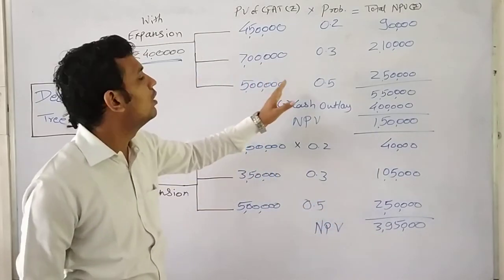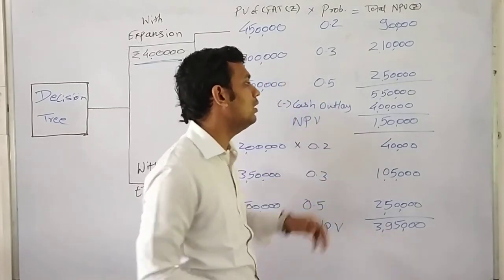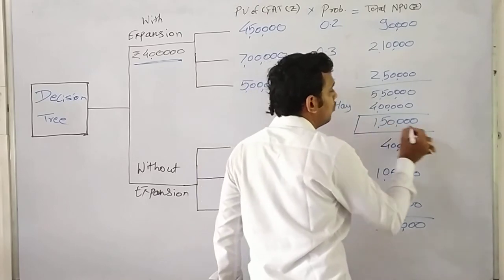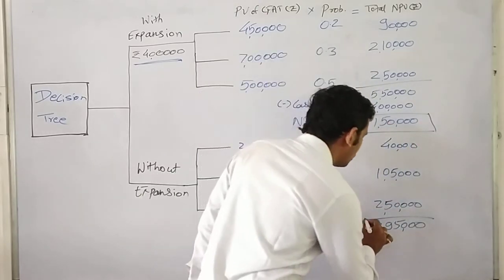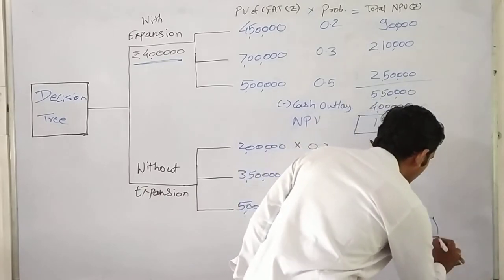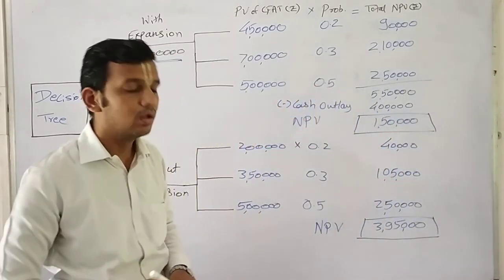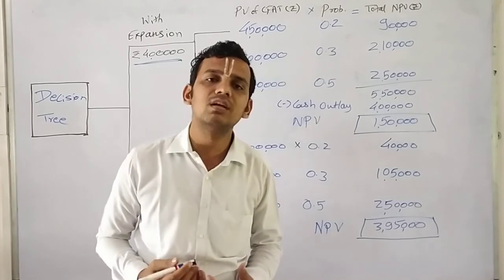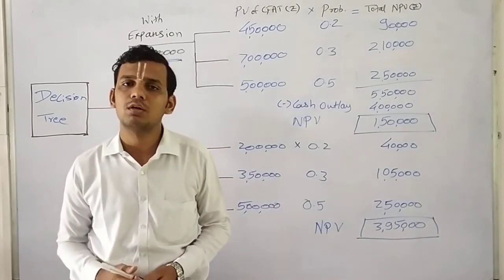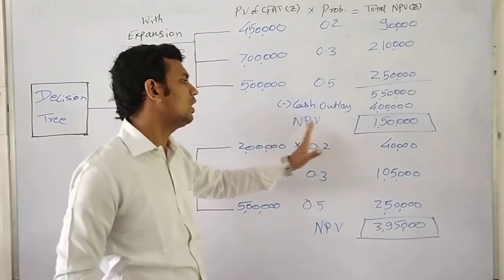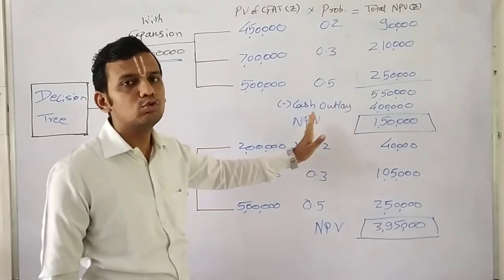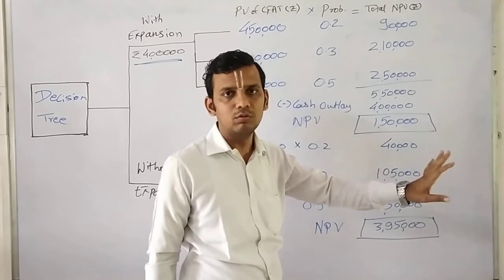What we can see is, with expansion we have a net present value of rupees 1,50,000, whereas without expansion we would have rupees 3,95,000. What does the question ask us? It asks whether we should go for expansion or not. Definitely we can go for expansion, as it is showing a positive NPV of 1,50,000.